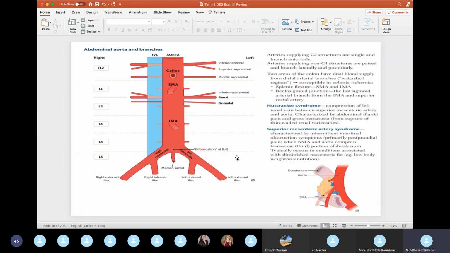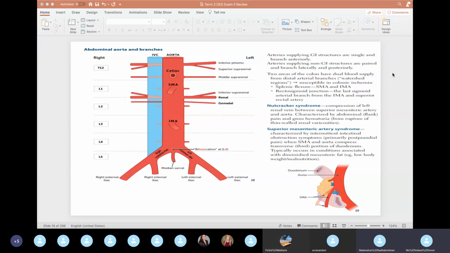Now, let's look at the abdominal aorta and the branches, right? So these arteries, they supply the GI structures. They are single branches and they branch anteriorly to your aorta, okay? So there are different parts. You have your celiac trunk, which supplies what structures?